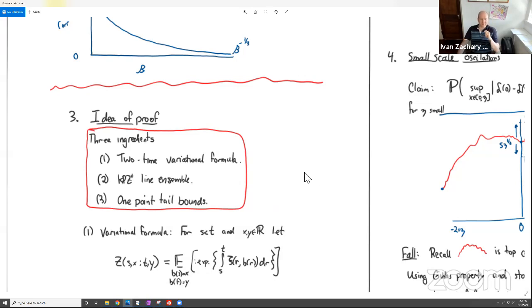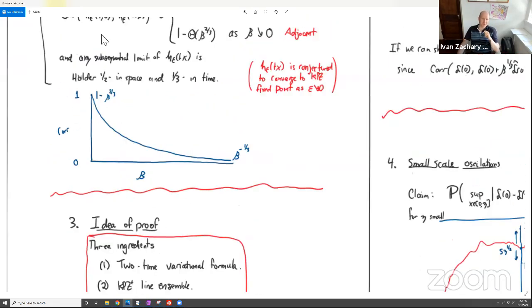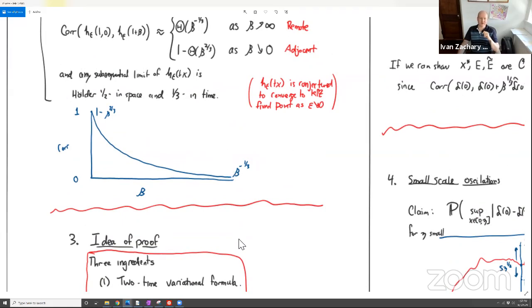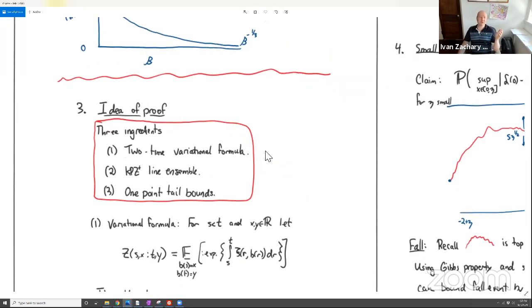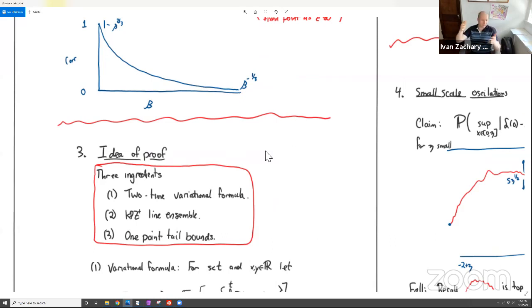The first idea is that when you're dealing with the correlation, you need to deal with two different times, and a priori there's no relation between the two joint distributions in the KPZ line ensemble. That's something I'd like to use, and that's the second ingredient.